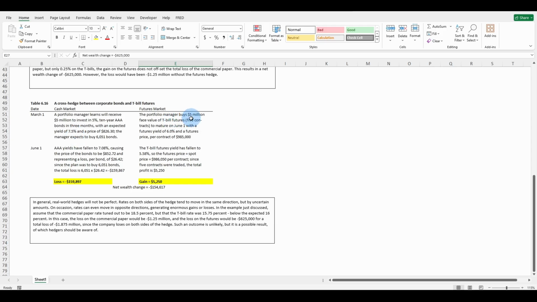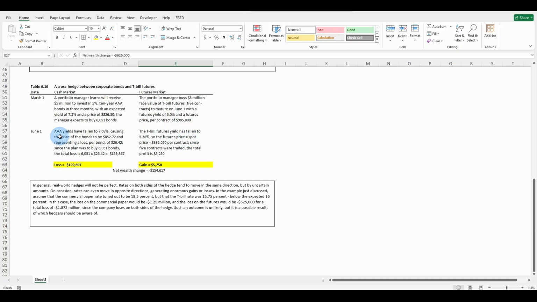The portfolio manager buys $5 million face value of T-bill futures, 5 contracts to mature on June 1st, with a futures price of 6% and a futures price per contract of $985. AAA yields have fallen to 7.08%, causing the price of the bonds to be $852.72, representing a loss per bond of $26.42. Since the plan was to buy 6,051 bonds, the total loss is 6,051 times $26.42, which equals $159,867.